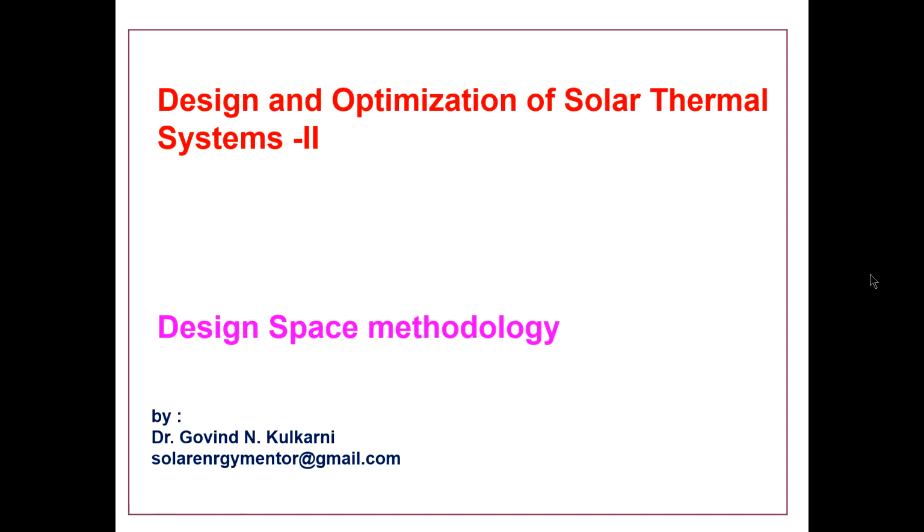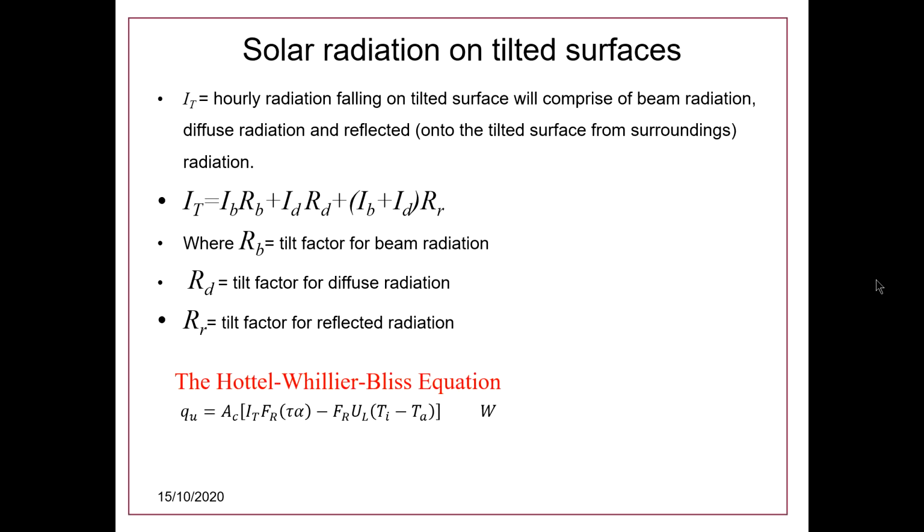Let us understand the methodology called design space methodology for design and optimization of solar thermal systems. As we already know, solar radiation on tilted surfaces can be evaluated using this expression IT.